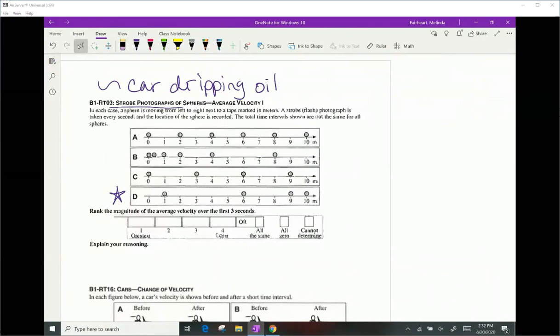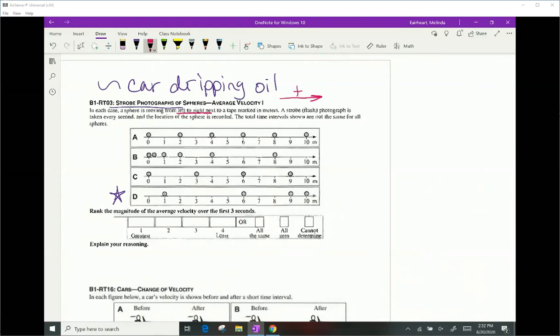And so this is on page 9, I think. It's strobe photography. This is before slow motion was available. It says in each case, a sphere is moving from left to right. And moral of the story, this direction is always going to be to the right. So let's just call it positive. And it says it's rolling next to a tape that's marked in meters.